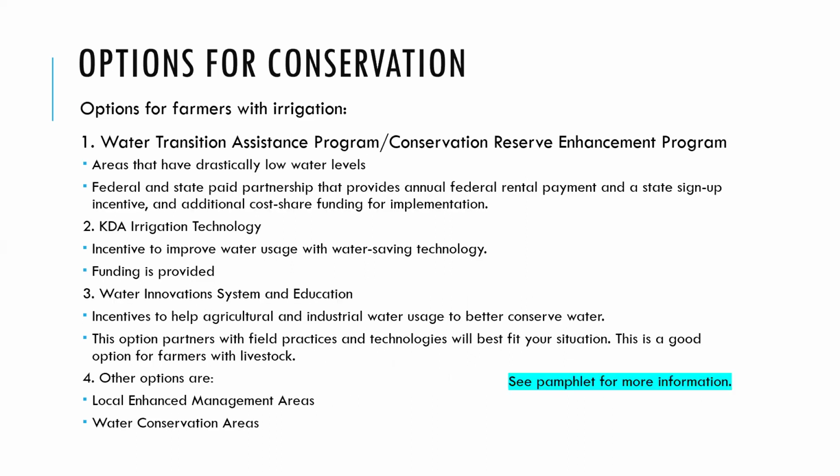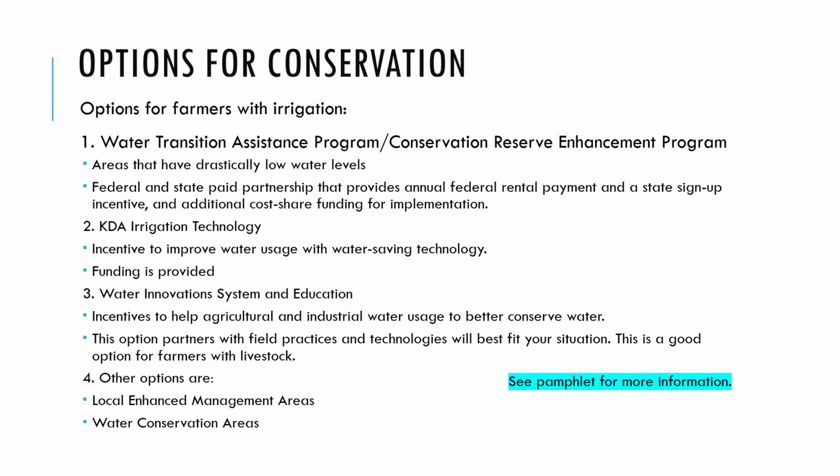Some options for those of you with farms, crops, and livestock who would like to make some changes but don't quite know where to start. I have a brief overview of some options that Kansas can offer and that you all can choose from. The first one is a Water Transition Assistance Program, or Conservation Reserve Enhancement Program.